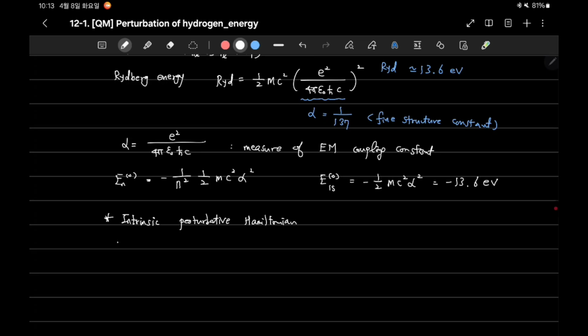One is the fine structure. Fine structure is the relativistic effect of electron spin.